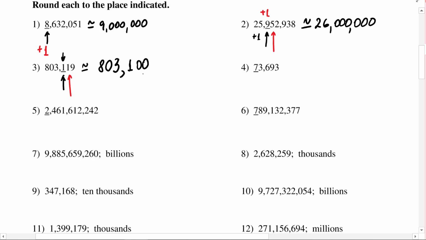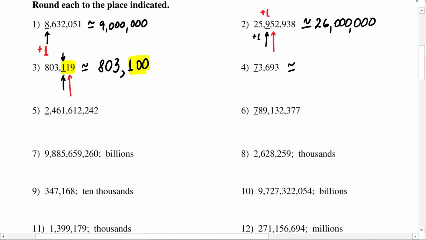In other words, is 119 closer to 100 or closer to 200? Well, it's closer to 100. So we have 803,100.